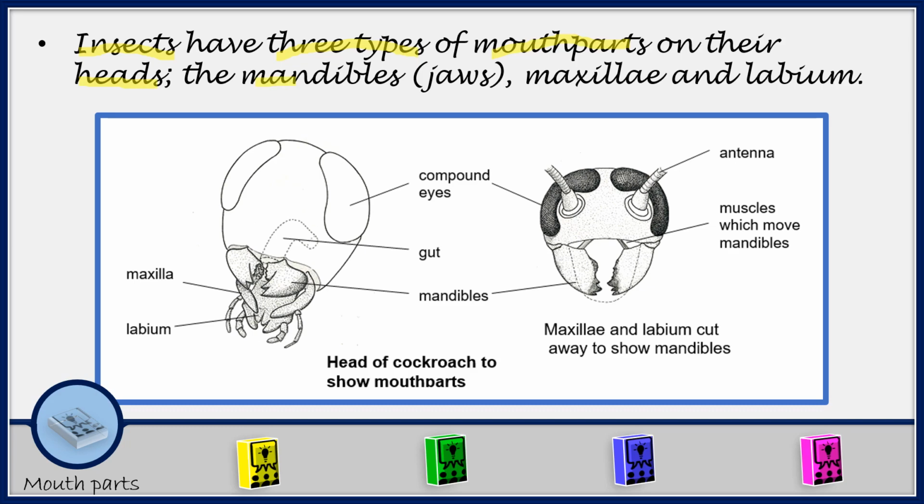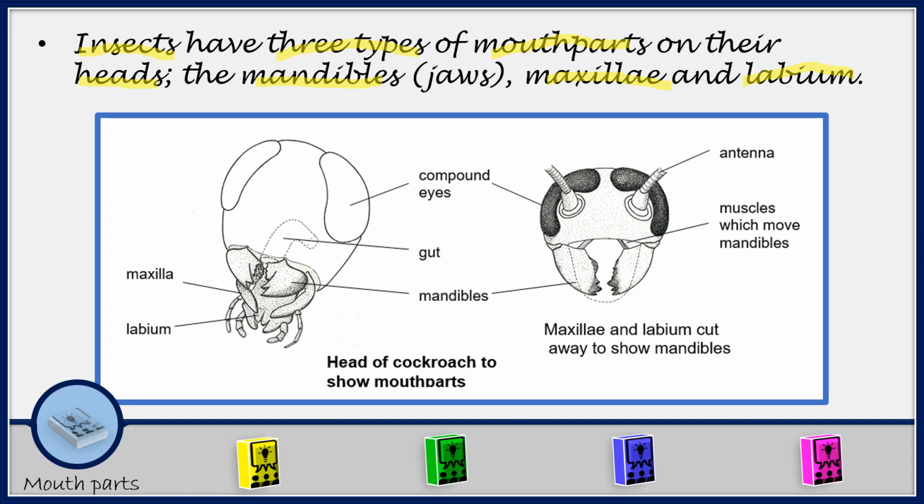This includes the mandible, or what we call the jaws, the maxilla, and the labium. Those are the three parts of the insects which are found on the head.